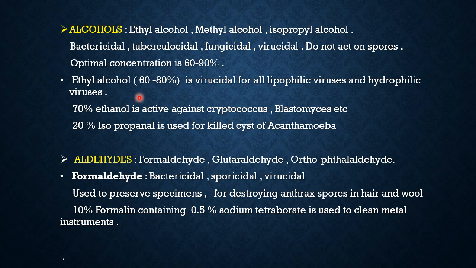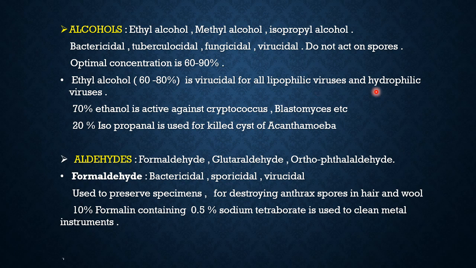Ethyl alcohol, when taken at 60 to 80%, can also kill viruses. That is, it is virucidal, and it kills almost all lipophilic viruses and hydrophilic viruses. Lipophilic viruses have a lipid envelope around the protein capsid, and they do not attract water.